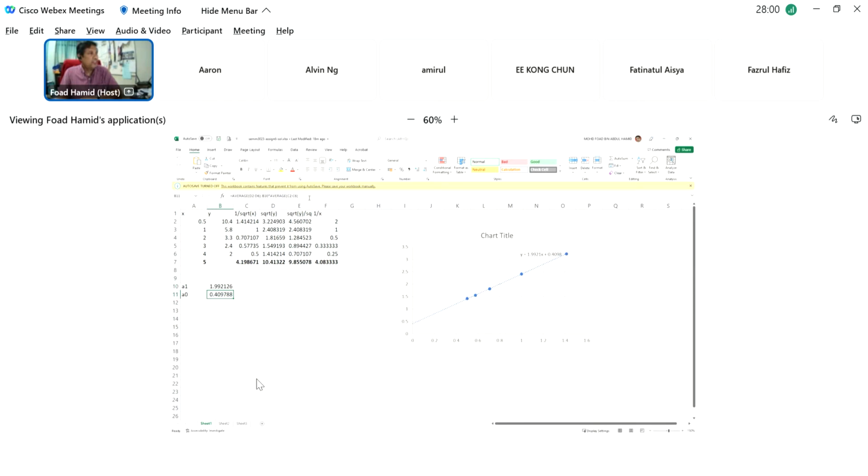This is your average, which is your bar X, minus your A1 times this is your bar Y. So the blue one is your bar Y, Y axis, minus A1 times the average of your X axis. So in this case, you get the same answer as your Excel trend line.